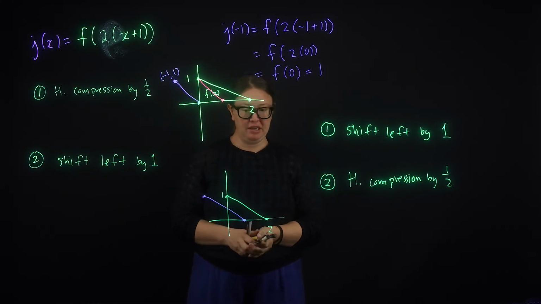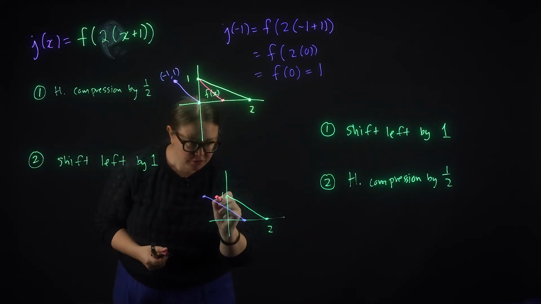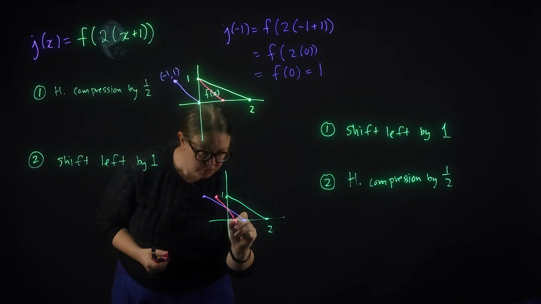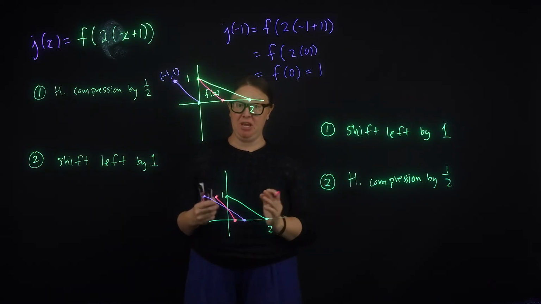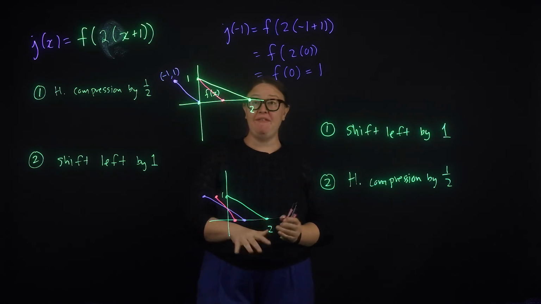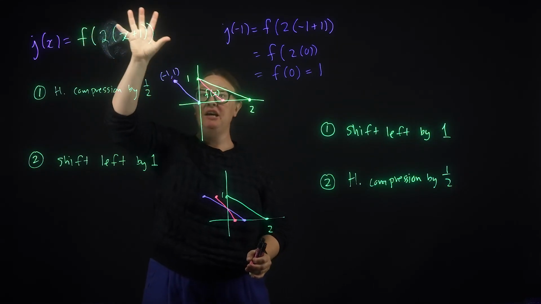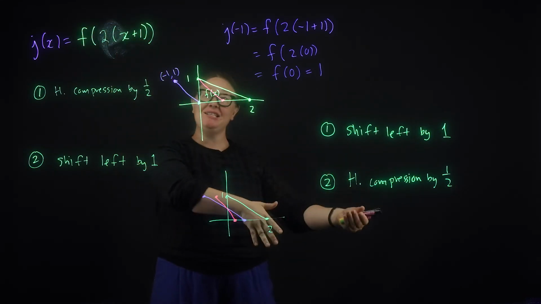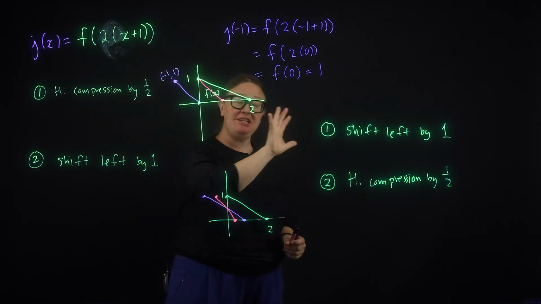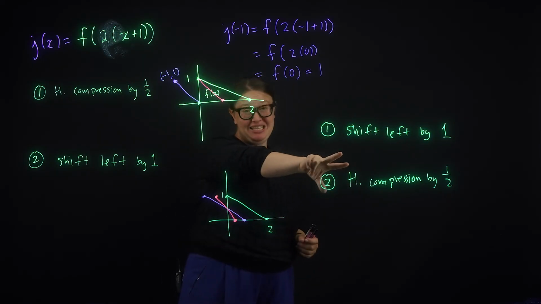And then finally, a horizontal compression by 1/2 is going to look like this pink graph here. So sometimes in this class we're going to give you a formula and ask you to tell us what happened. If this is what I think happened, I'm going to use a point now to check and see that this is wrong.